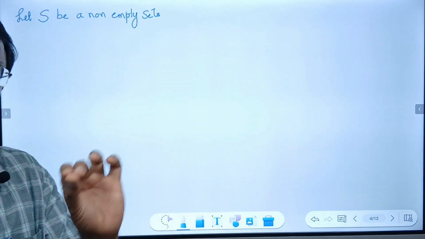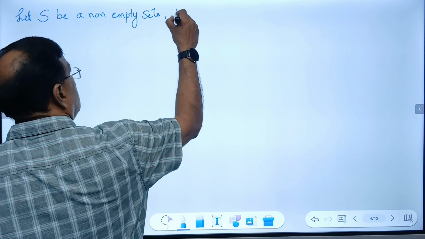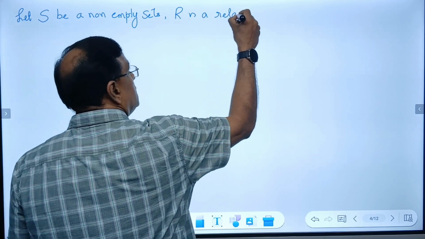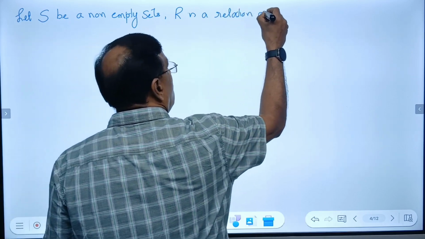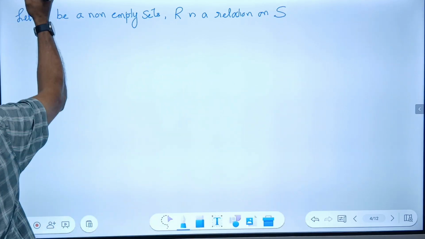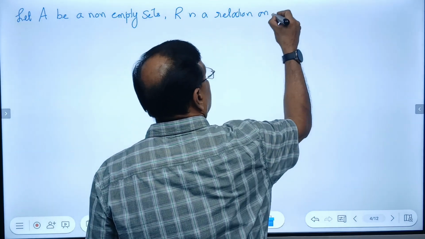Let S be a non-empty set and R is a relation on S. I'll change this to A so we are comfortable with A. R is a relation on A.